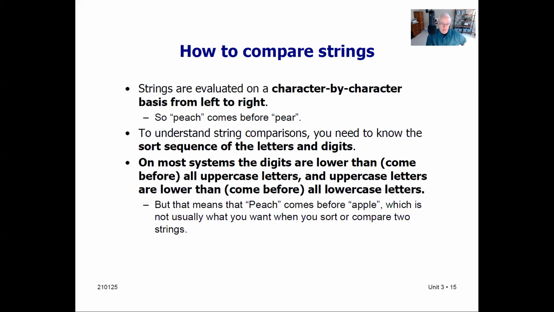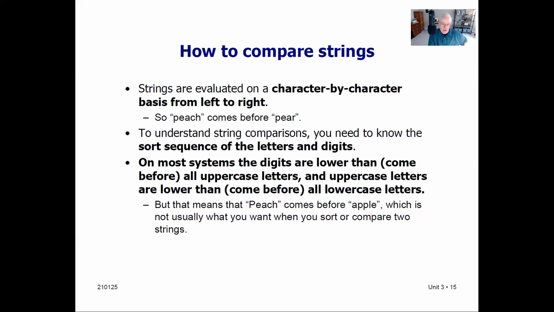And if you look at the bottom bullet here, peach with an uppercase P will come before apple with the lowercase a. Well, P is higher in the alphabet, should be lower in the sort, but that's not the way it's going to happen based on the natural behavior of character strings.